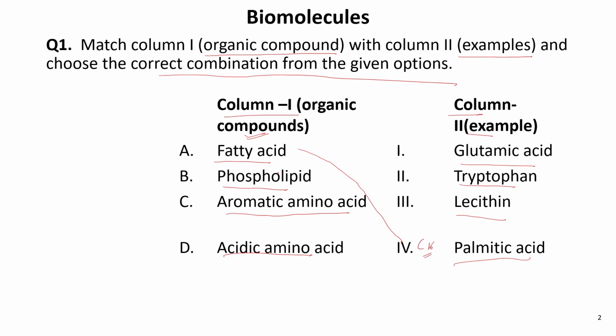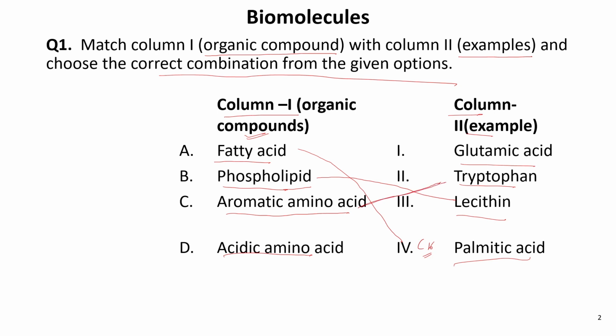Next is phospholipid. Phospholipids are present in the plasma membrane, and one of the phospholipids present in the plasma membrane is lecithin.